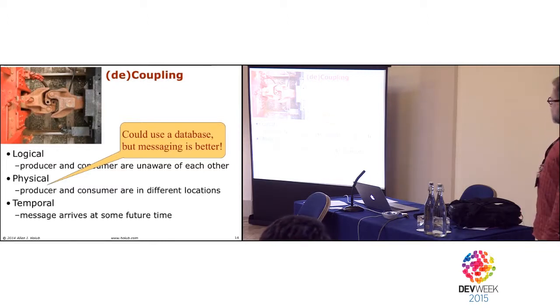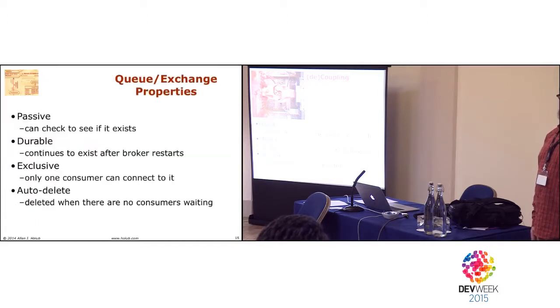Interestingly, you can also have temporal decoupling, in the sense that the message arrives at some time in the future. And sometimes you want to delay message transmission deliberately, for some reason. Temporal decoupling sometimes can be an annoyance, though, as you send the message and it takes a while to arrive wherever it's going to arrive. That's not necessarily a good thing.